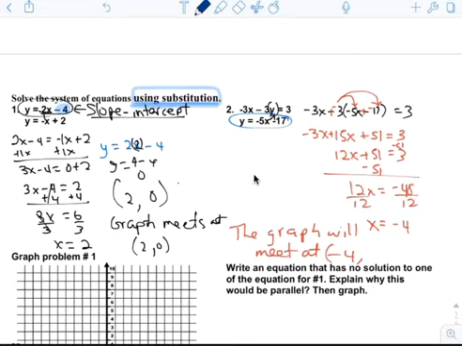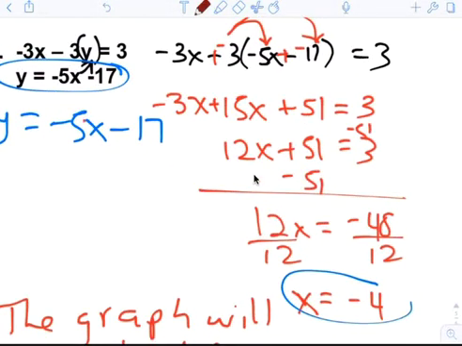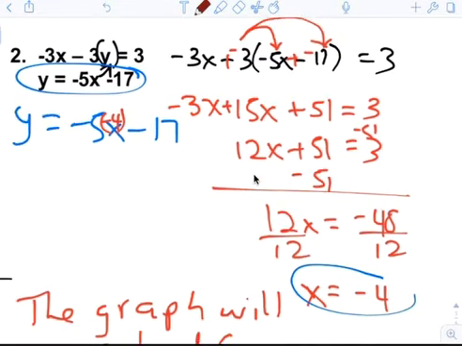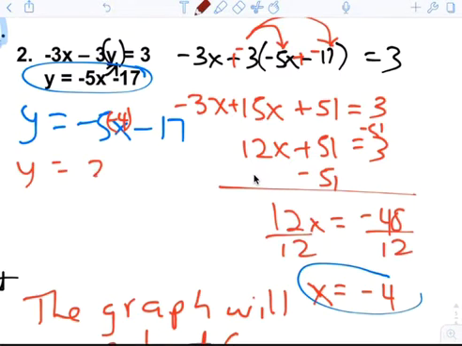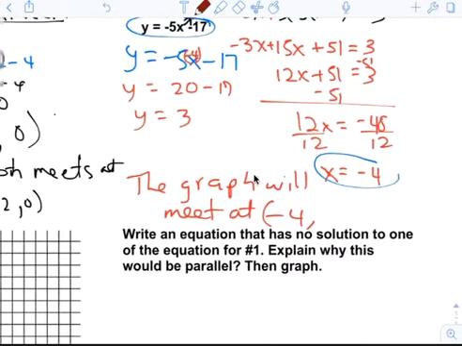Use this one here. Y equals negative 5x minus 17. X is negative 4, so you substitute negative 4 in where x is. Get y equals 20 minus 17, y equals 3. So the graph will meet at negative 4, 3.